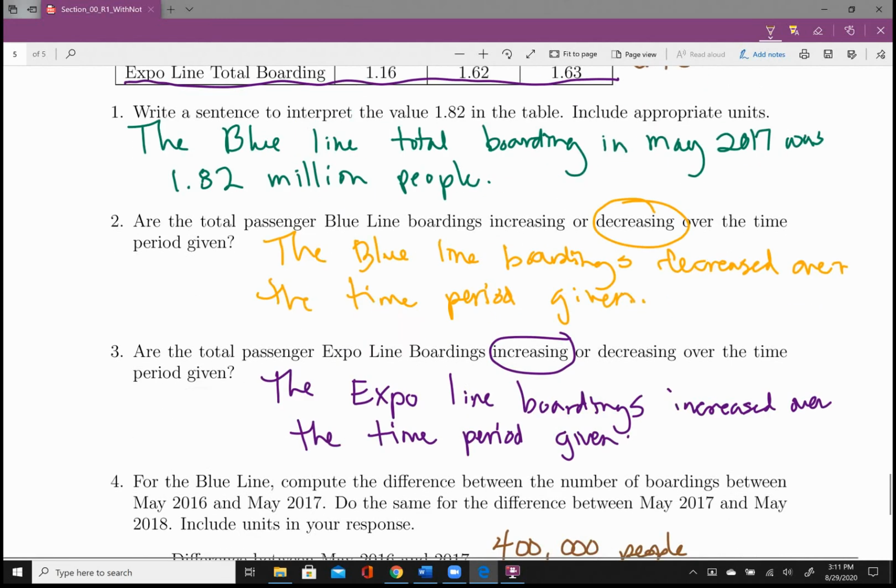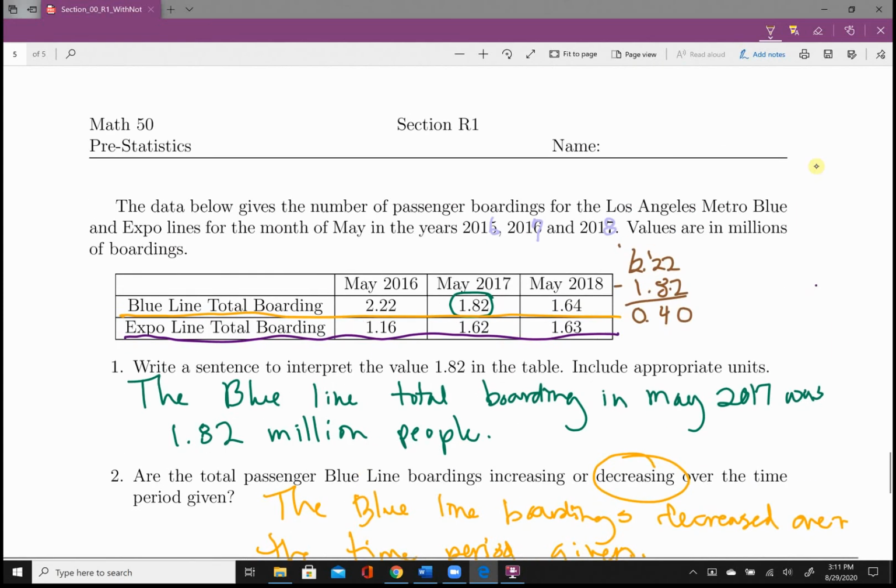All right, let's do 17 and 18 now for these differences. That'll be 1.82 minus 1.64. Okay, that'll be the following borrowing scheme. We've got 8.